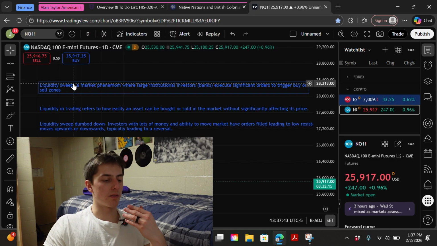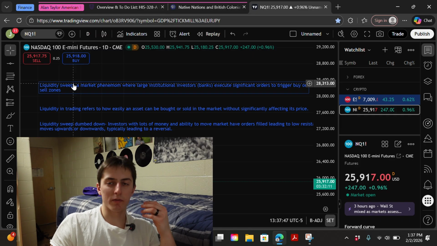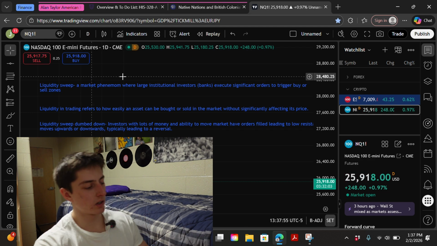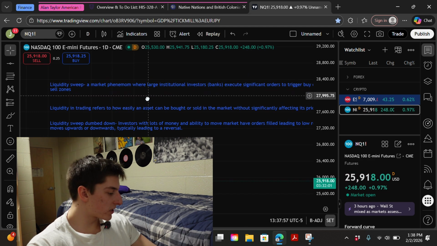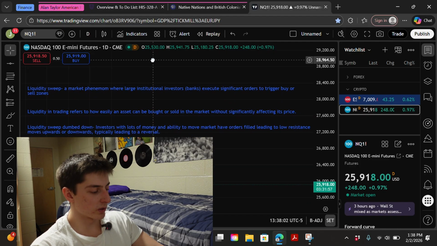Some people might have a take profit lying at the liquidity draw and exit the market, while some people might want to buy in when the liquidity sweep happens. Understanding that is super crucial, and understanding why it happens is very important.